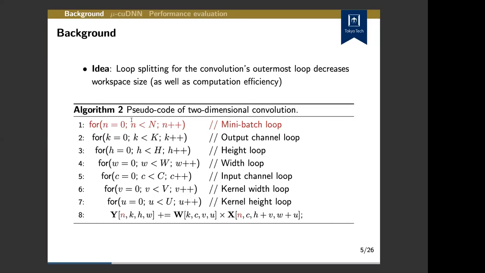But the workspace size required by cuDNN is determined by layer configurations, including the mini-batch size n. So we just split the outermost loop. In other words, we call cuDNN 2 times or more for each layer.